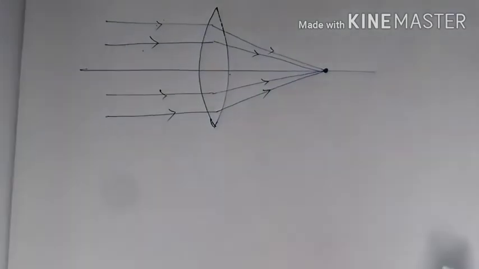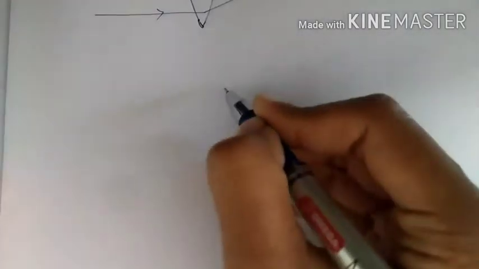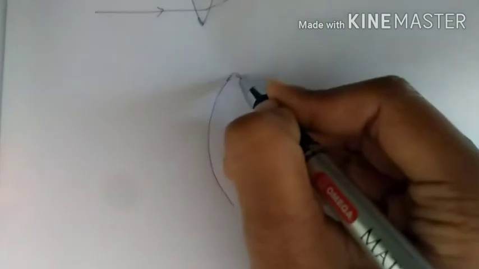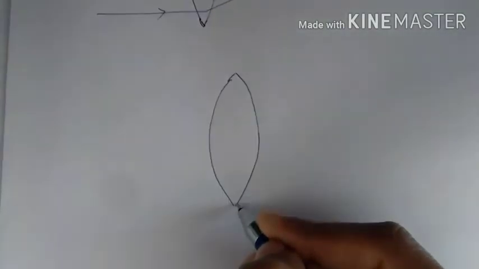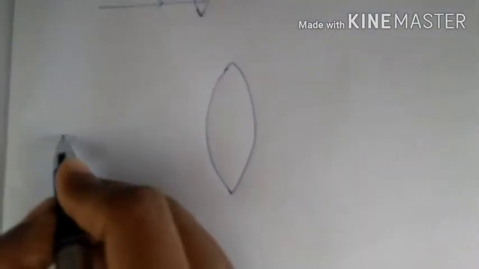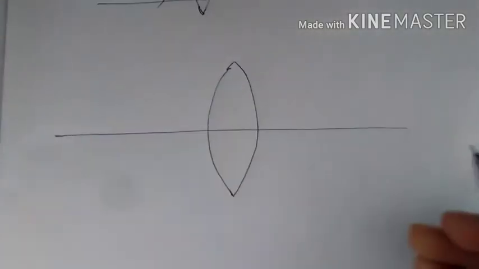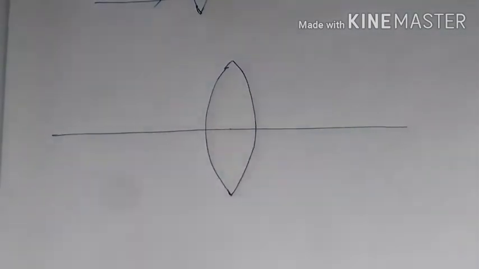Now in spherical aberration, if you have a convex lens of a wide aperture, let me draw. So you have the convex lens of wide aperture, and again you have a principal axis that passes through the center of the lens.